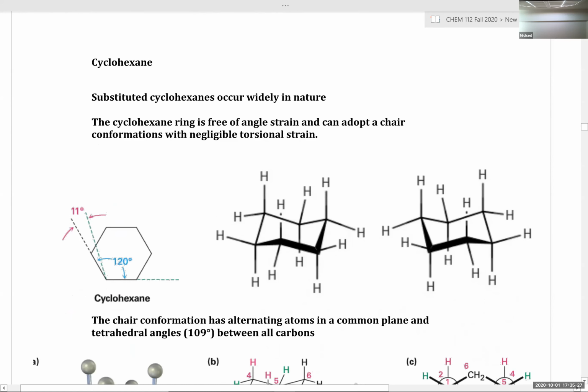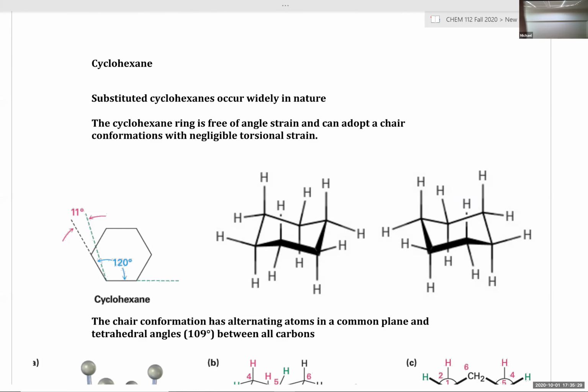So cyclohexane. Cyclohexane is the most studied and the most prevalent cyclic structure in these sophomore organic courses. Substituted cyclohexanes occur widely in nature.